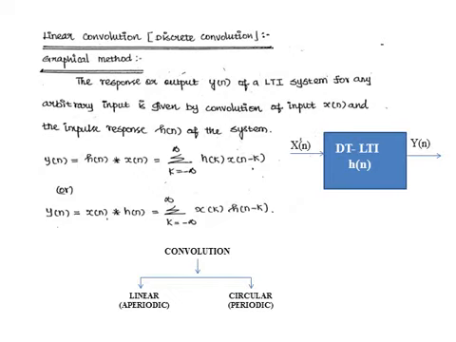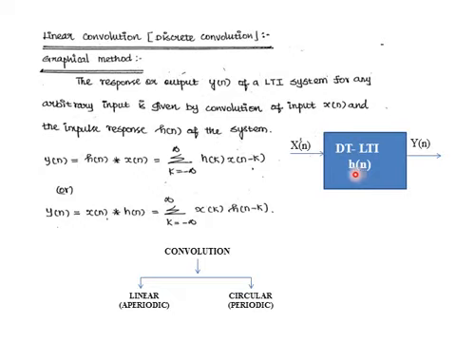Now, speaking about the signal processing application of convolution, if we consider a discrete time LTI system, that is linear time invariant system, and if the system's input is represented as x of n, its impulse response is represented as h of n, that is the system is characterized by the impulse response h of n.